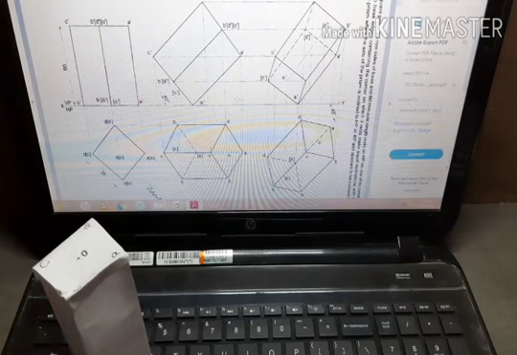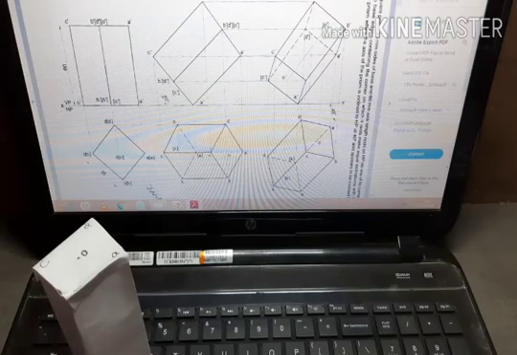Next statement: such that the two base edges containing the corner on which it rests make equal inclinations with the HP. Draw the projections of the prism when the axis of the prism is inclined to HP at 40 degrees. Now axis is at 90 degrees to HP.